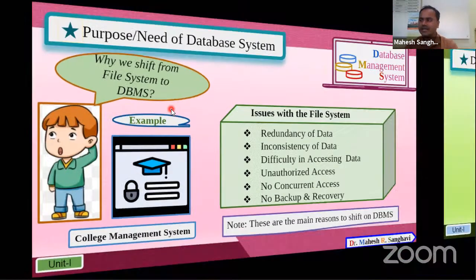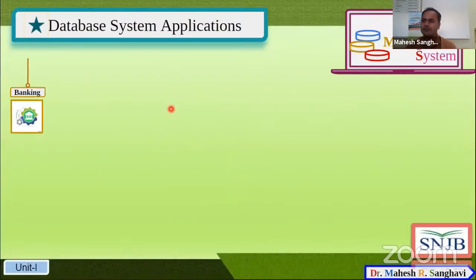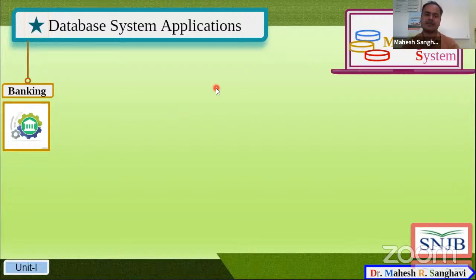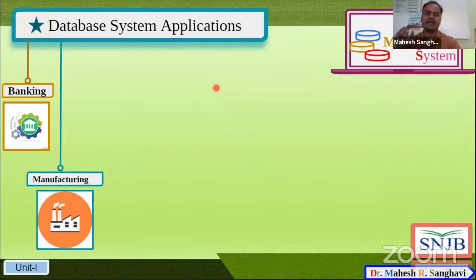Okay, so the next part is database management system and its application. There are a variety of applications of DBMS. One application is banking. In banking, you can see that nowadays you all are using online banking, and before that also entire banking had shifted, and this is the best application of your DBMS.